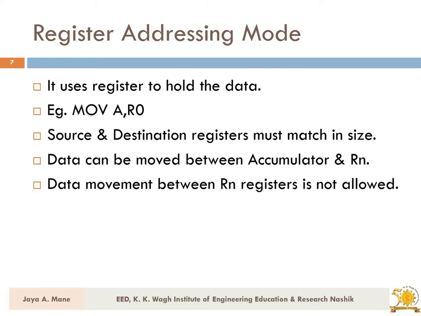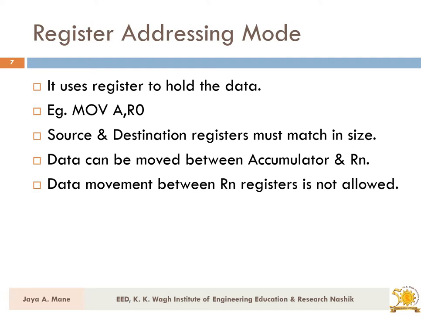So that is your register addressing mode. From your memory locations, from the RAM or the ROM, whichever memory you are considering, we are saying that whichever number is stored in R0, get that number and move it to the accumulator. That number can be any number.